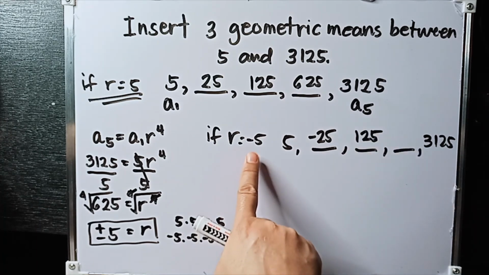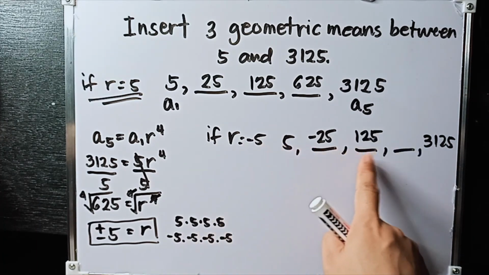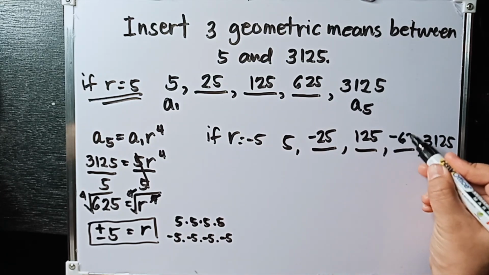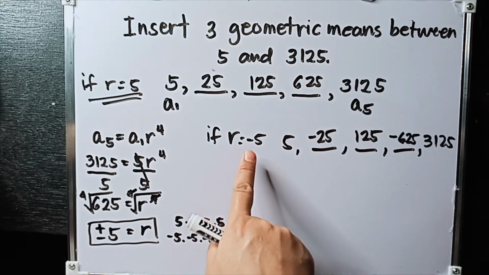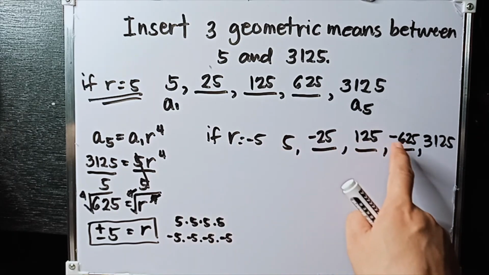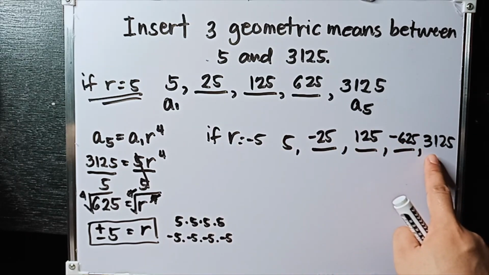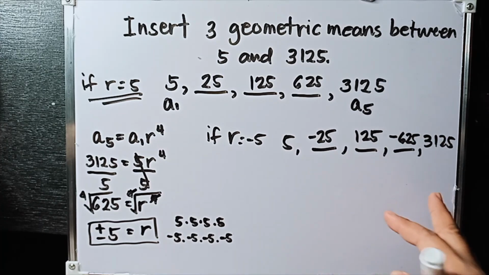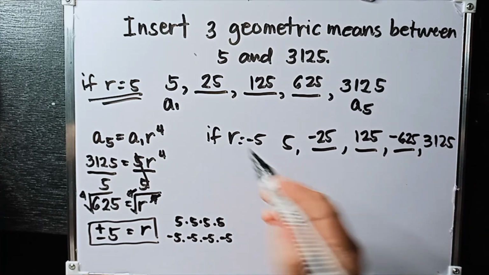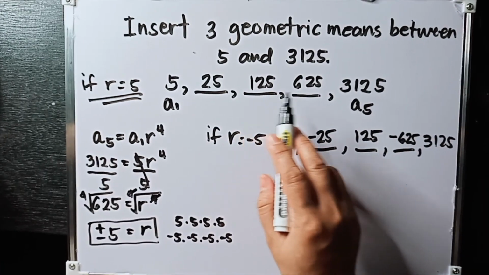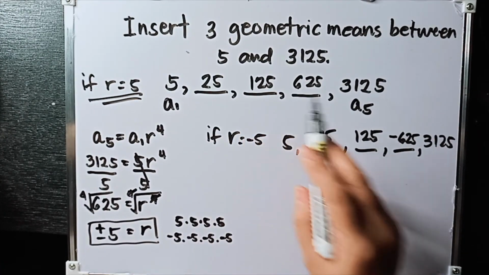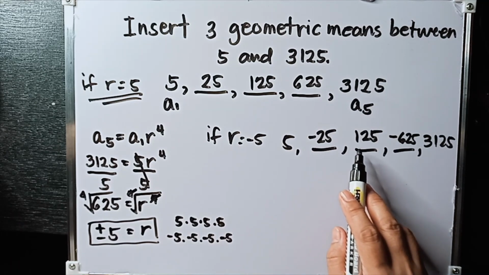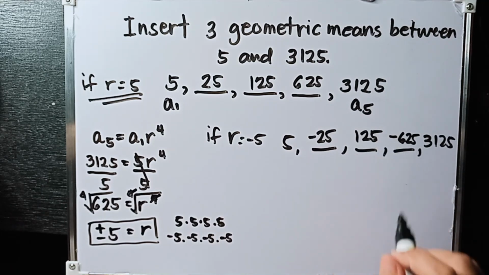Good. So, negative 5 times positive 125 is negative 625. And lastly, negative 5 times negative 625 is also 3,125. So, it means we have two sets of geometric means. It could be 25, 125, 625, or negative 25, positive 125, negative 625.